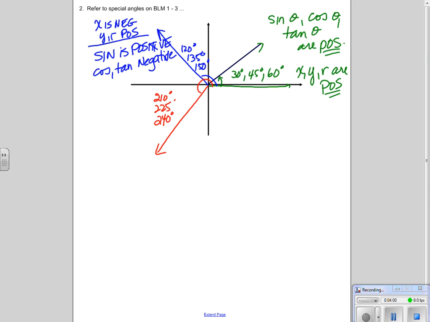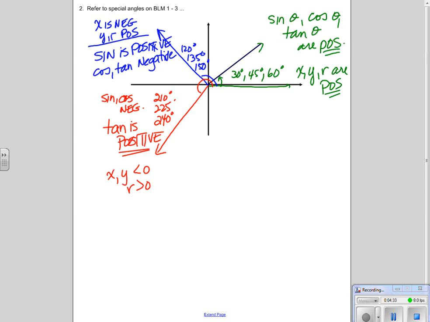Again, referring to your chart, sine and cos are negative, and tan is positive. Our x value and our y value are negative. R is always positive.